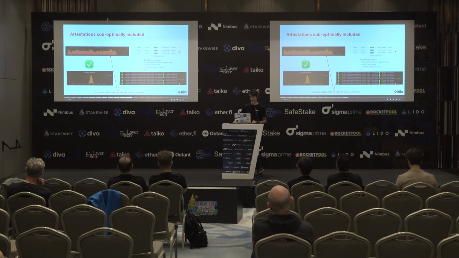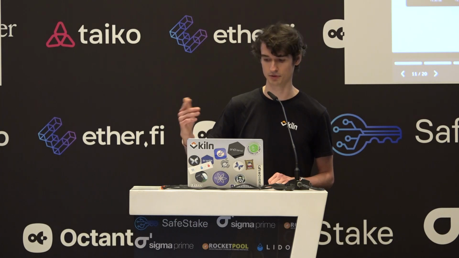Another signal is, so on Ethereum, whenever a validator signs for an attestation, it's included in a slot, and there is something called the inclusion distance, which is the distance between your attestation and when it's included on the beacon chain. And the higher the inclusion distance is, the lower the reward you are going to get. So it's also a signal you want to look for. So we also expose it here.